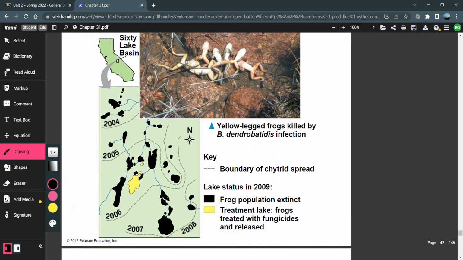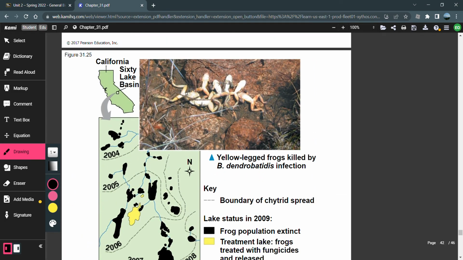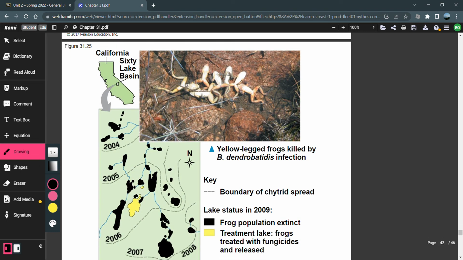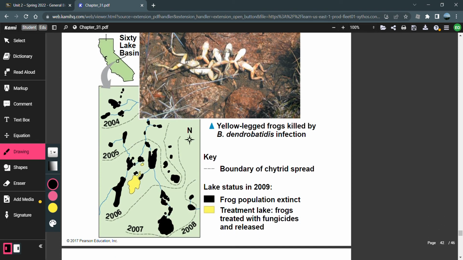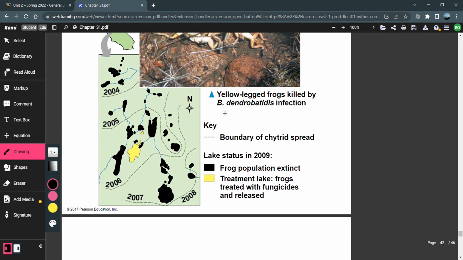And here is a case study where a bunch of frogs in California got a fungal infection because amphibians have sensitive skin, since they absorb water and breathe through their skin. B. dendrobatidis killed a huge number of these frogs, and it almost drove them to extinction, and scientists had to treat them with fungicides.